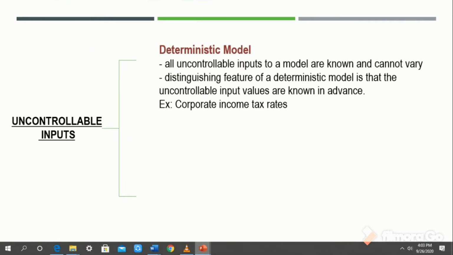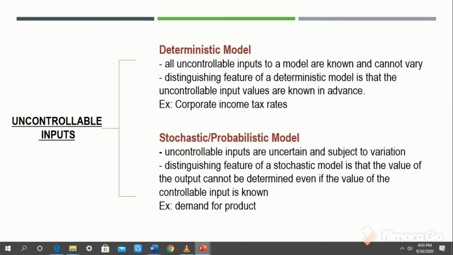And then, here are your uncontrollable inputs, which can be deterministic or stochastic or probabilistic models. In a deterministic model, all uncontrollable inputs to a model are known and cannot vary.